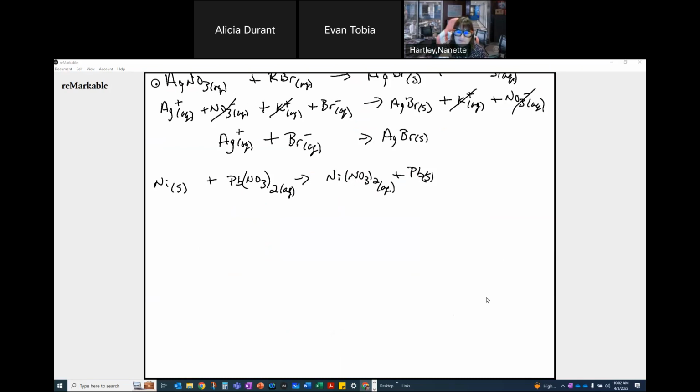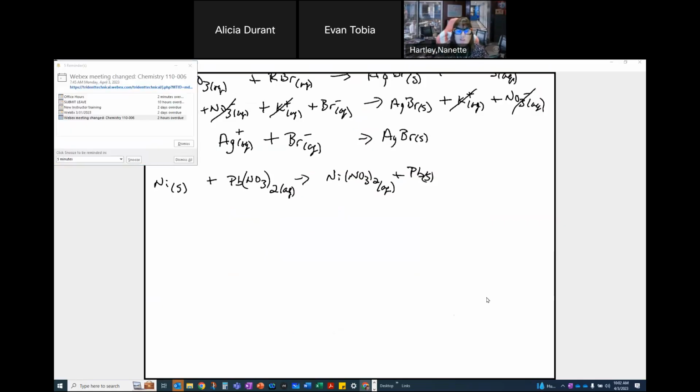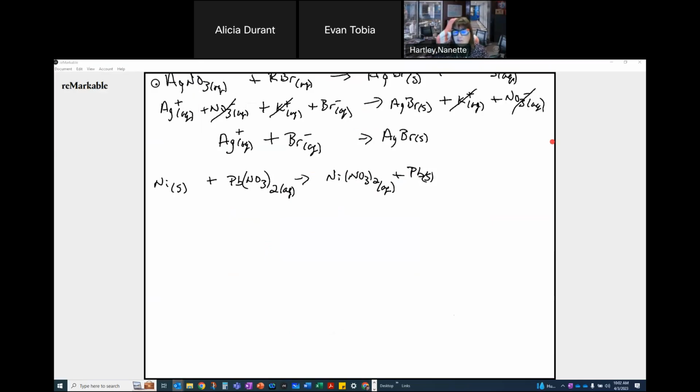The NO3 is negative. So I know the NO3 is -1, but there are two of them. Oh, 2 NO3. Yes. And that's the same on both sides. So I know that Pb is +2 and Ni is +2.